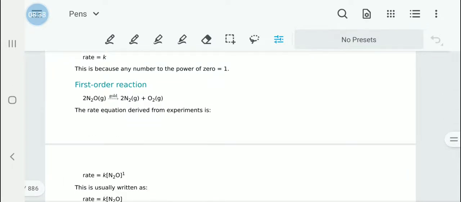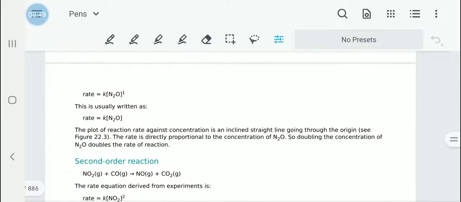Then first order reaction, 2N2O gas, with gold on top of the arrow, giving 2N2 gas plus oxygen. Rate equation: rate equals k[N2O] to the power 1. This means the graph would be an inclined straight line going through the origin. This means doubling the concentration of N2O will double the rate of the reaction.